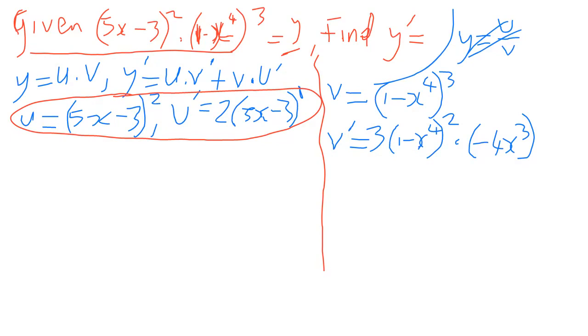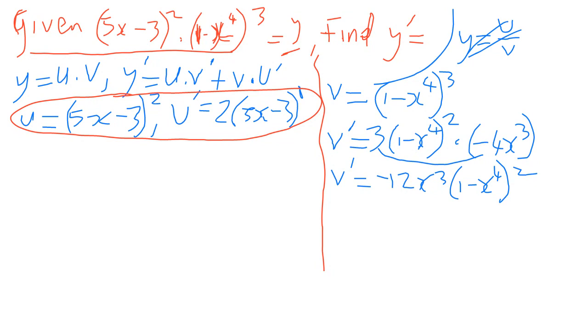So my v prime is equal to 3 and negative 4 giving negative 12, and then bring down this x cubed. Then bring down whatever remains here, (1 minus x to the 4th) all squared.